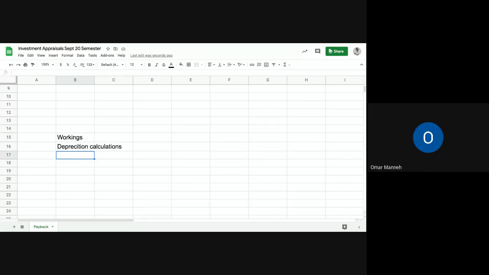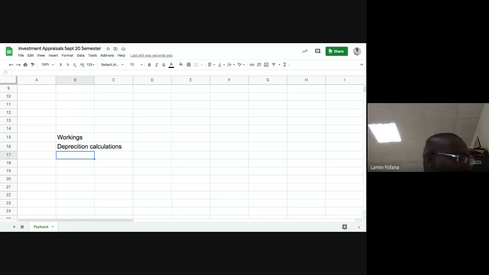Yes, sometimes it can be correct, but sometimes you have to subtract the residual value. But even if the residual value is nil, because we've been told that the residual value is nil.